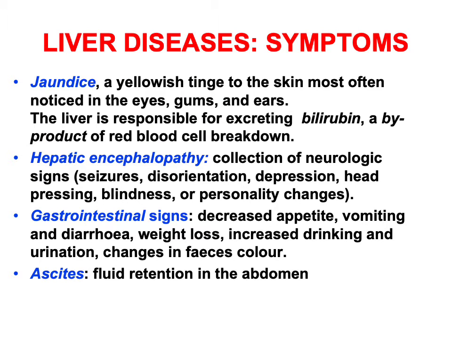To overview the most important symptoms of liver diseases before going into the dietary details, you have to see the jaundice, the hepatic encephalopathy, gastrointestinal signs, and ascites. Jaundice is a yellowish tinge to the skin, most often noticed in the eyes, gums, and ears. Why?